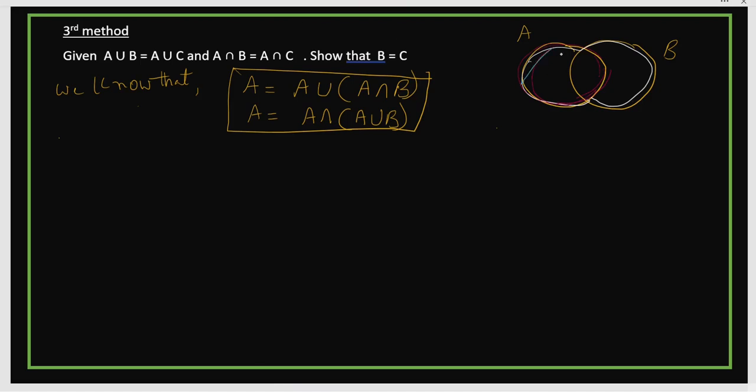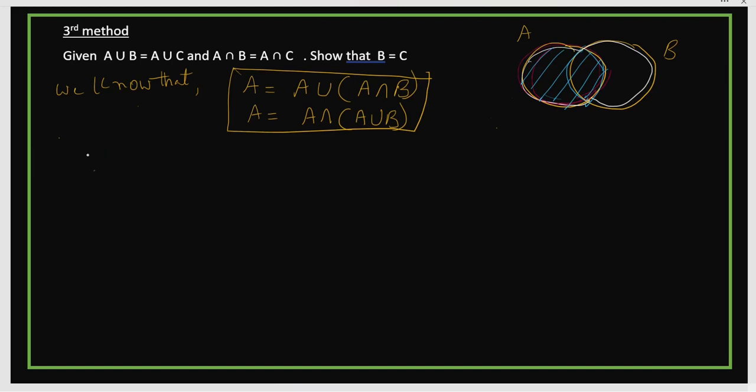It is complete. Right? A intersection A union B. This A is the result. So this is how you look at it. A is equal to A union A intersection B. Also A equals A intersection A union B. Intersection also the same thing. So we'll use these results in our proof.